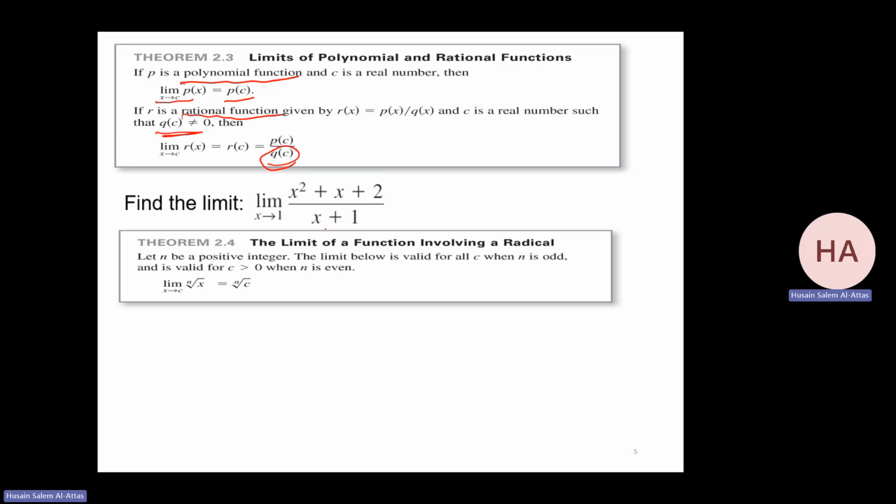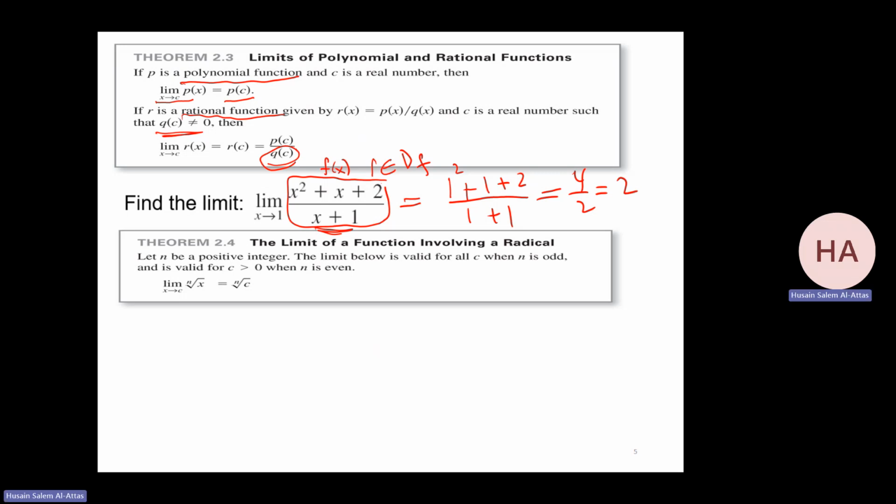So if you look at this one, consider this f of x. 1 is in the domain of f, since the denominator is not equal to 0. If you have 1, the denominator will be 2. So you just substitute. You have 1 squared plus 1 plus 2 over 1 plus 1. That will be 4 over 2, and that will be 2.